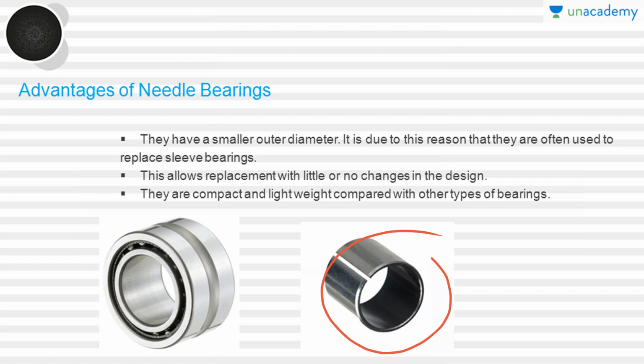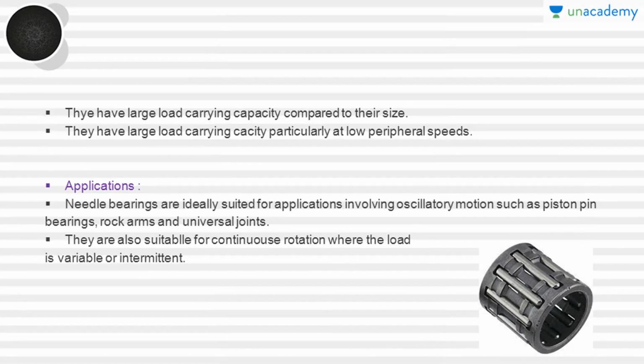They are compact and lightweight compared with the other types of bearings. They have large load carrying capacity compared to their size, particularly at low peripheral speeds. And the applications of the needle bearings are given here.